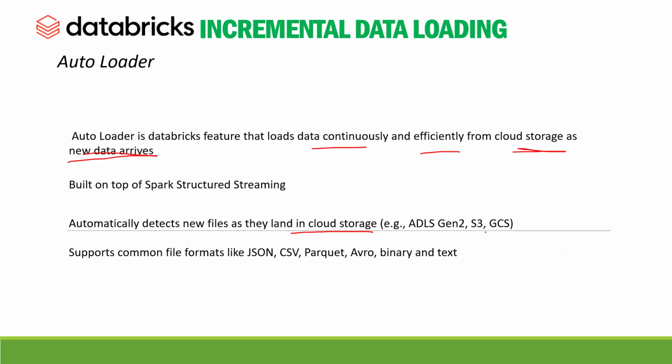So it has to be one of these: Azure Data Lake Storage, Google Cloud Storage, or Amazon S3 buckets. Majorly, these are the cloud storage options we have. Over these storage locations, Autoloader supports ingestion of JSON, CSV, Parquet, Arrow, binary, and text data.